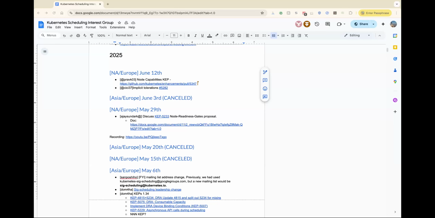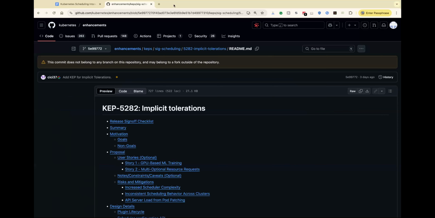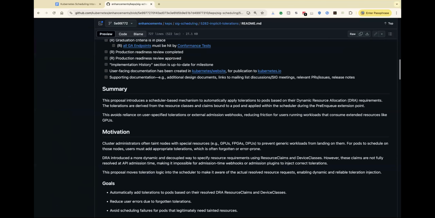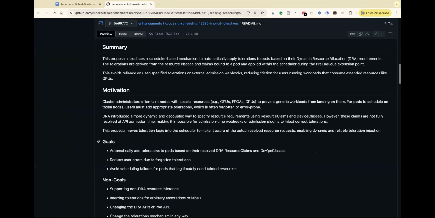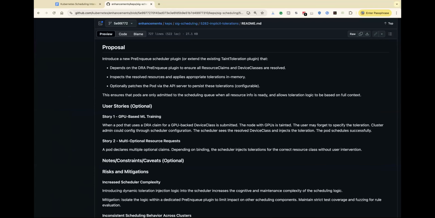The existing mechanism cannot work for DRA because we have so many different resources added: the resource claim, the device, and everything. We cannot get that information ready while in the admission chain. So the only place we could get the information is the scheduling. So actually the scope of the original proposal is really not that big.